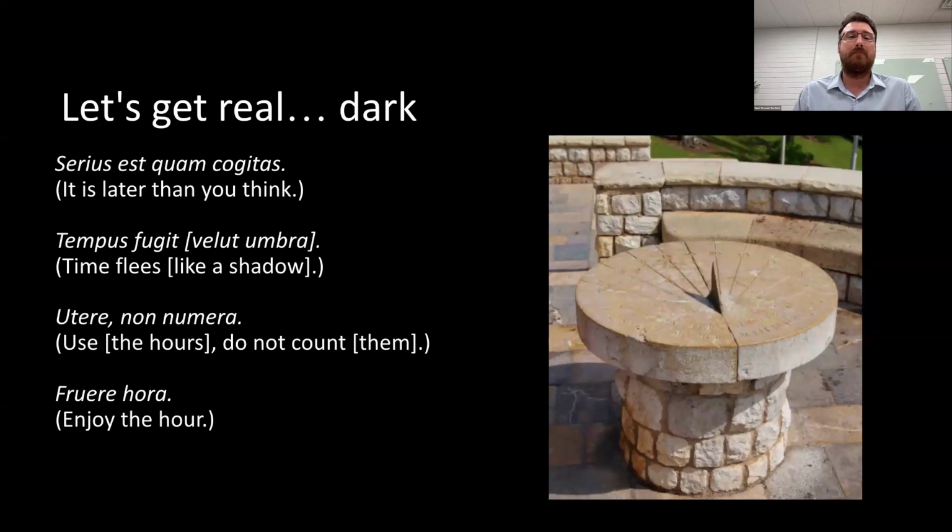A lot of times, the makers of these sundials would carve in mottos in Latin that they chose. As you translate these mottos into English, they turn into things like "it is later than you think." A lot of times they're humorous. Sometimes they require you to think pensively. Sometimes they are somewhat dark and remind you of your limited finite time here on Earth. And some of them are just humorous.